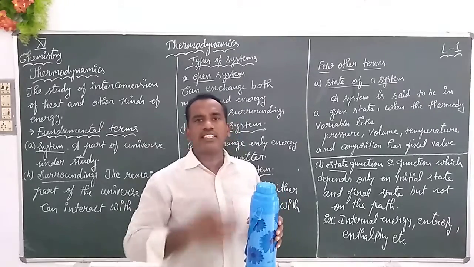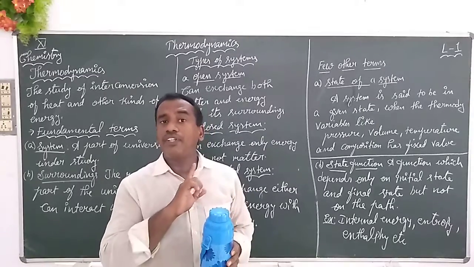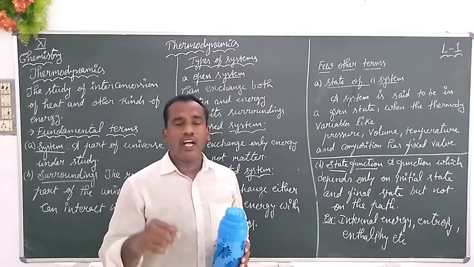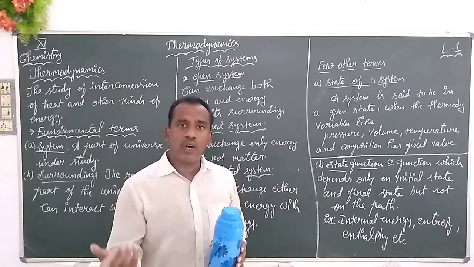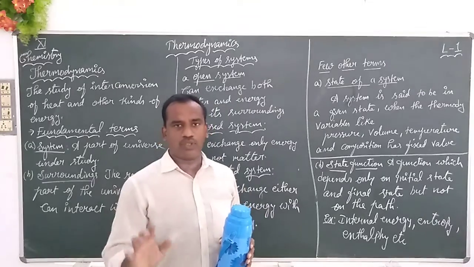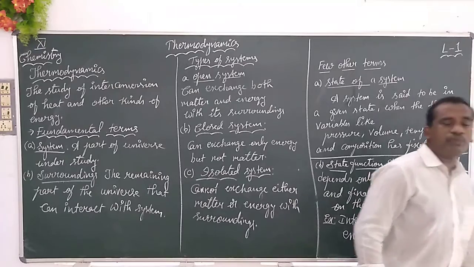So this kind of system, which cannot exchange either heat or matter with the surroundings, is said to be an isolated system. What are they? Isolated systems. These are the three main, simple definitions.